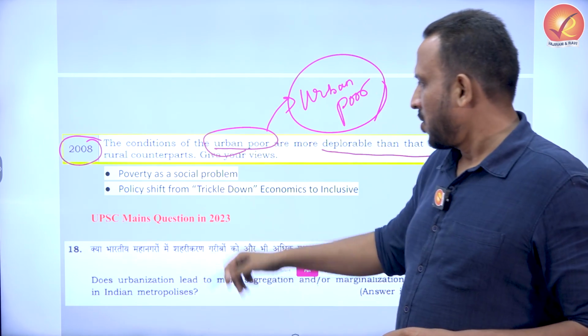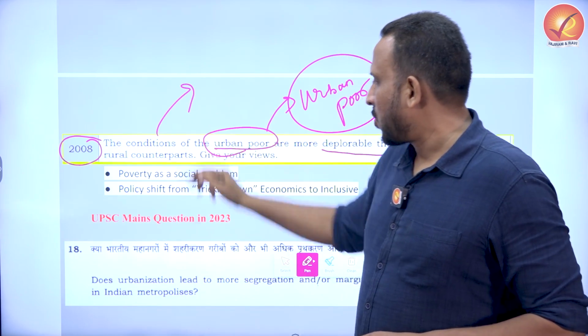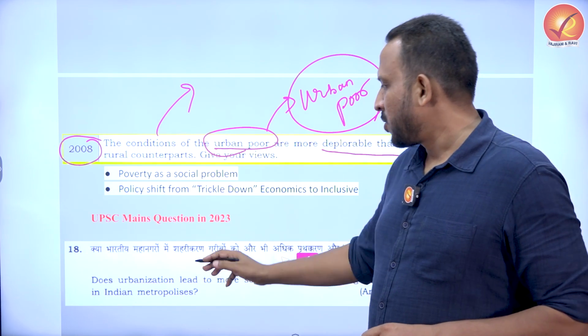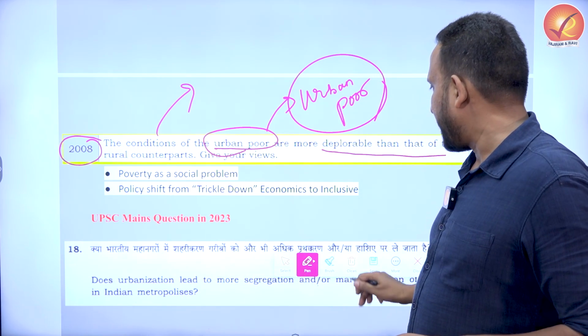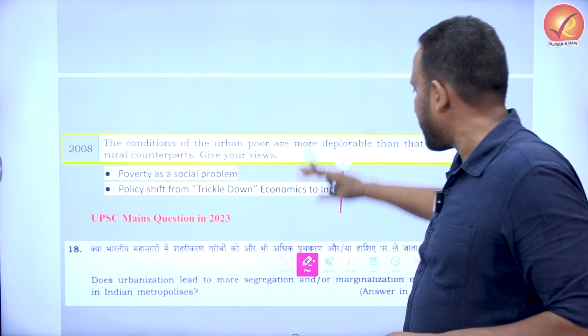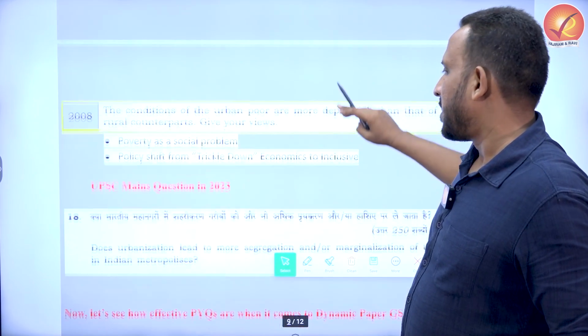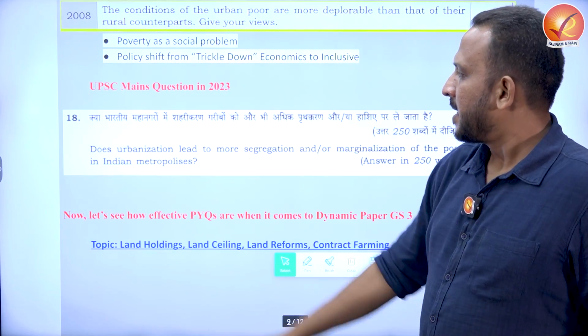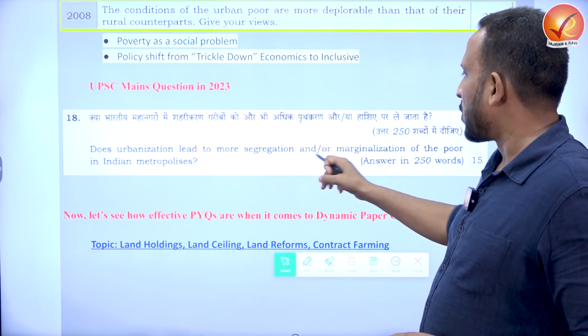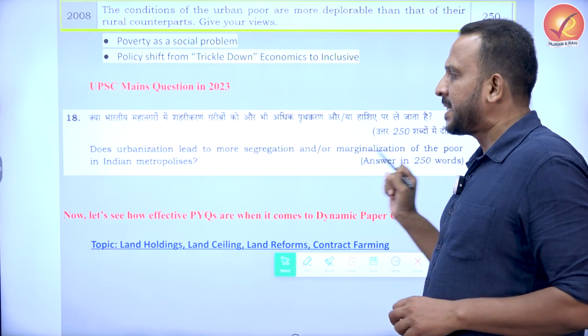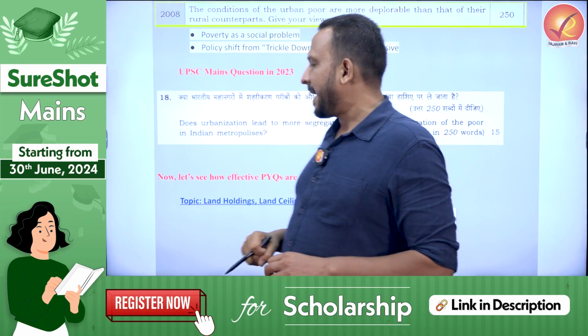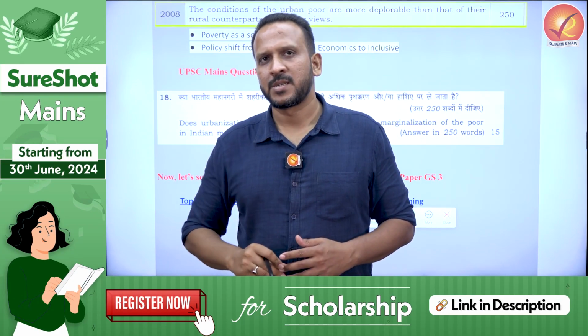Right? So, when I will be making the notes, don't you think I will be covering this dimension which UPSC has asked in 2023? Does urbanization lead to more segregation and marginalization of poor in Indian metropolises?